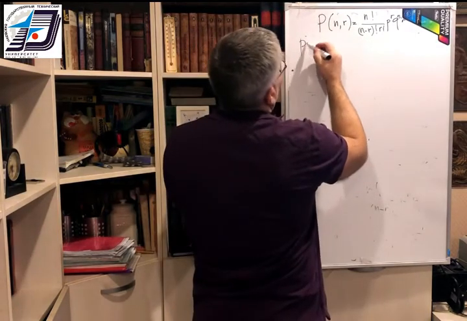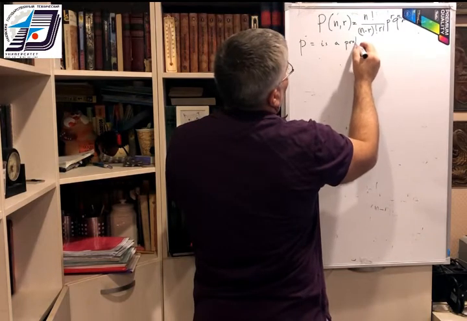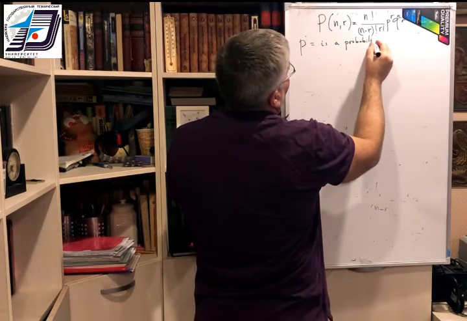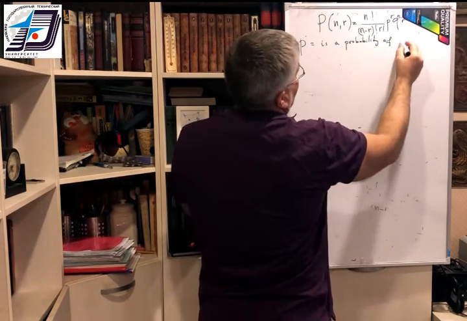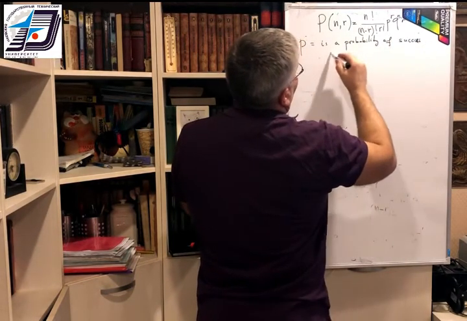Here p is the probability of a success event.